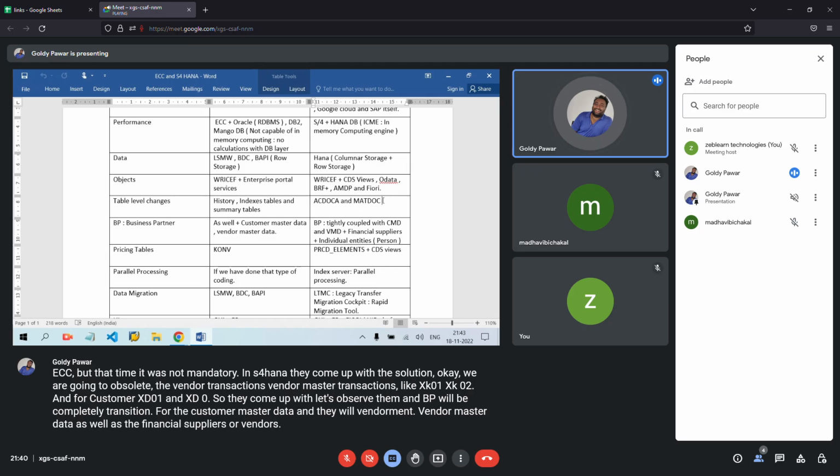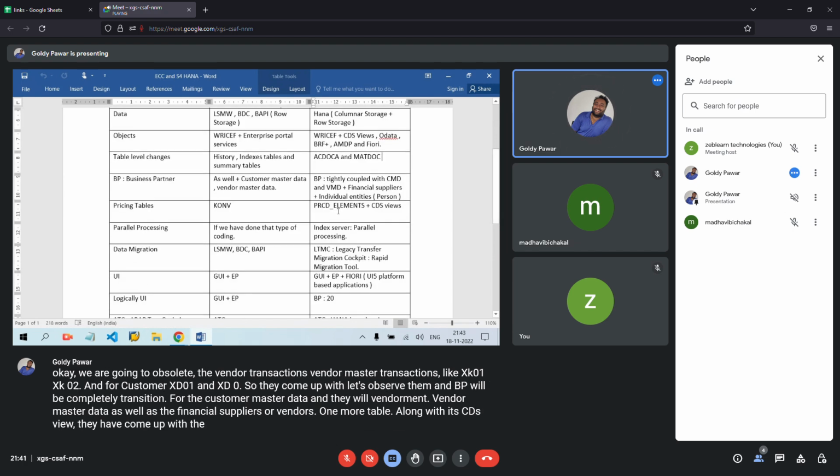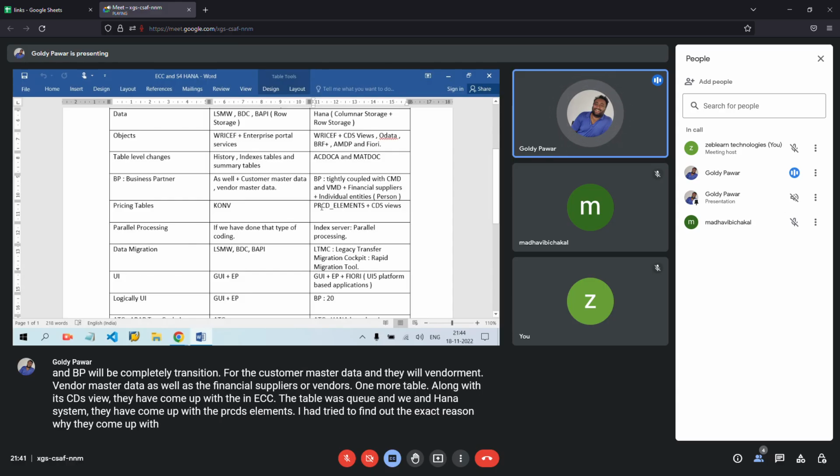One more table along with its CDS view they have come up with. In ECC the table was KONV. In the HANA system, they have come up with the PRCD elements. I tried to find out the exact reason why they came up with this new table.